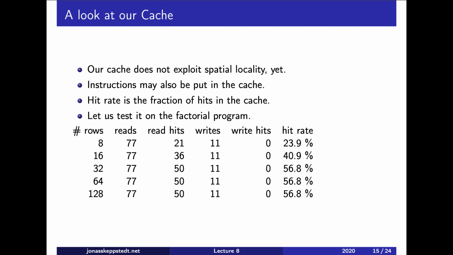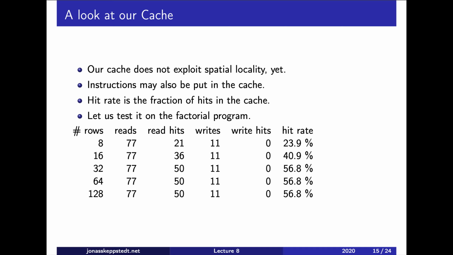So if we look at the program that we had for this machine.c, namely the factorial program, it computes factorial for 5 recursively. So there are 5 calls to factorial, and each one needs to save the parameter and the return address.